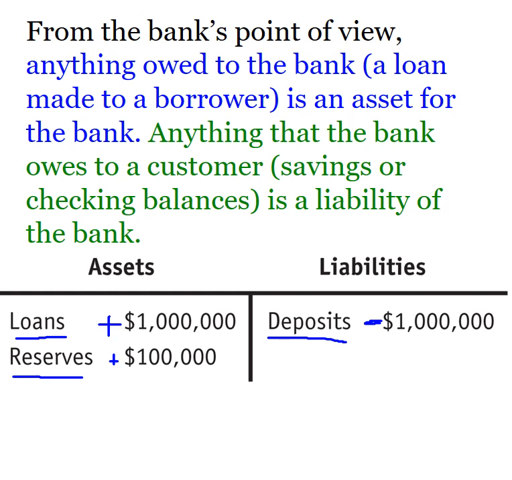That belongs to the customers of the bank. And if the people come into the bank and withdraw their money, then the bank has to give it to them. So that's not theirs to keep. So the deposits are liabilities for banks. Loans and reserves are assets. It's all about, am I making money? That's an asset. Or is it costing me money? That's a liability.